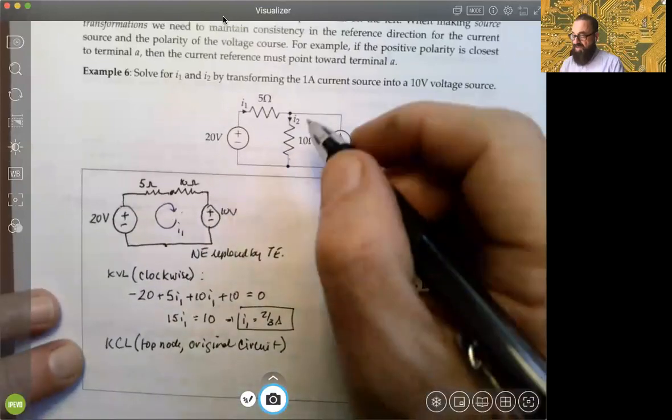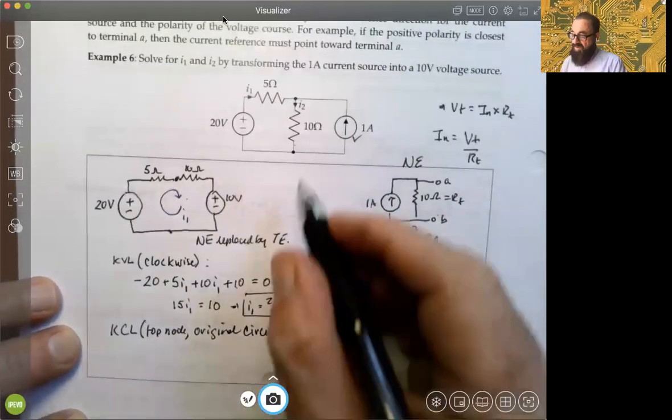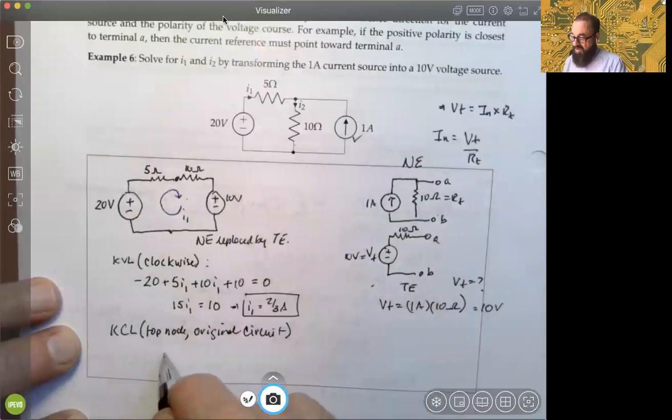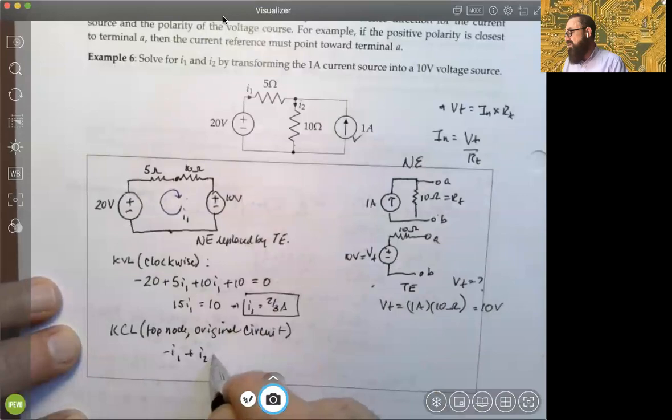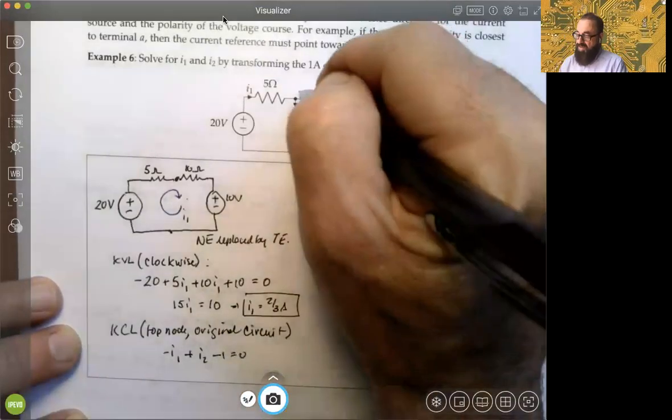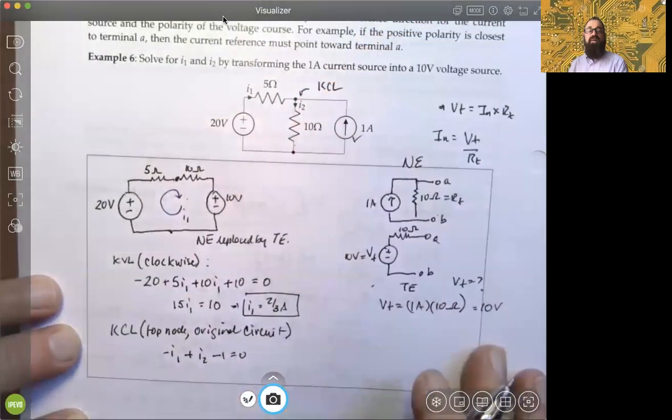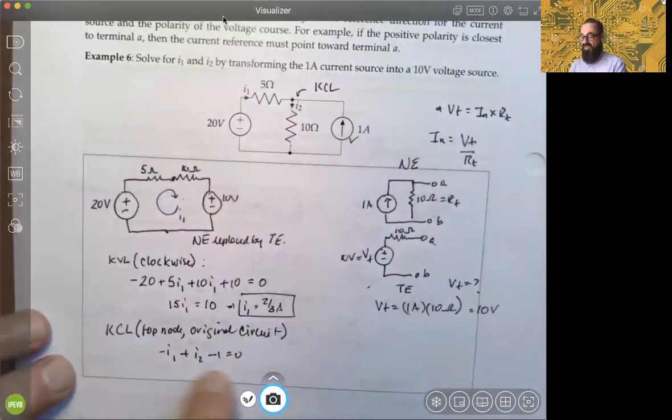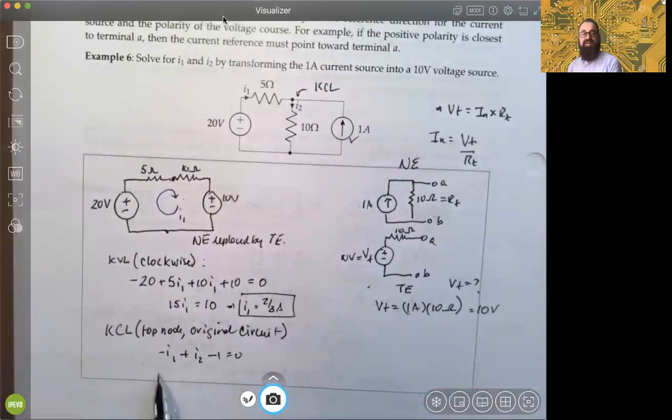So KCL on the top node suggests immediately that, well, we know if we write outgoing currents, we'd have to have minus I1 plus the outgoing I2 minus I1 equals 0, because I would be doing KCL here on the top node, right? So we know that this relation is always going to be true to start with. We just had to figure out how to get one of them from some other form.